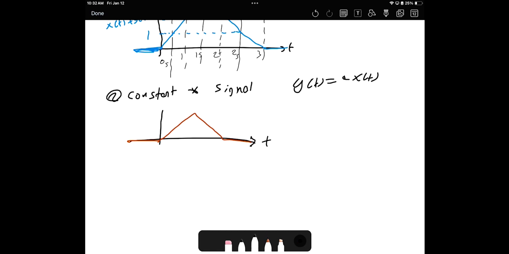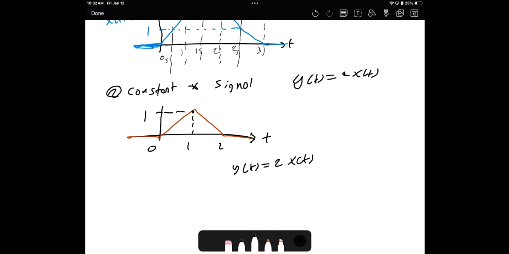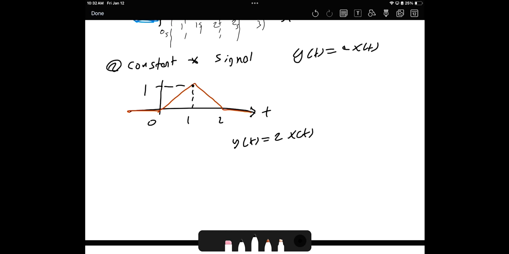Here is t, and this is 1, here is 1, 2, here is 0. Then let's assume that y of t equals 2x of t. So what will happen for the scale? Here is x of t. So it will be just double the size.